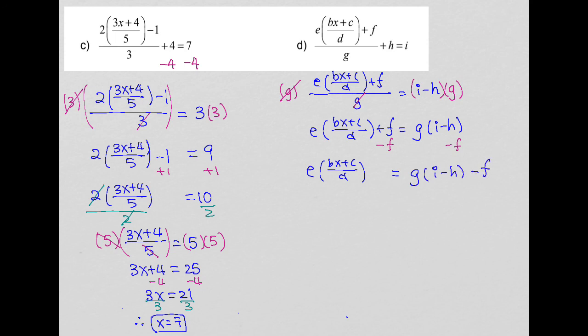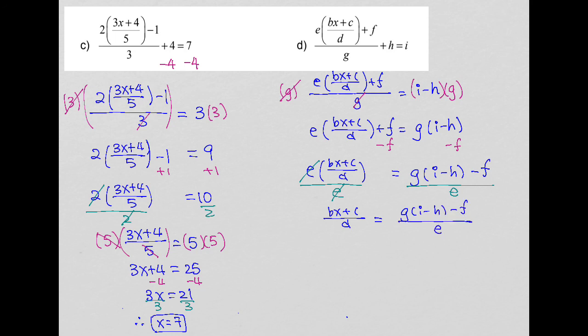And next, because I want to remove the e, I have to divide by e on both sides. So e can divide by the e. And then you will have (bx plus c) over d equals (g(i minus h) minus f) over e.